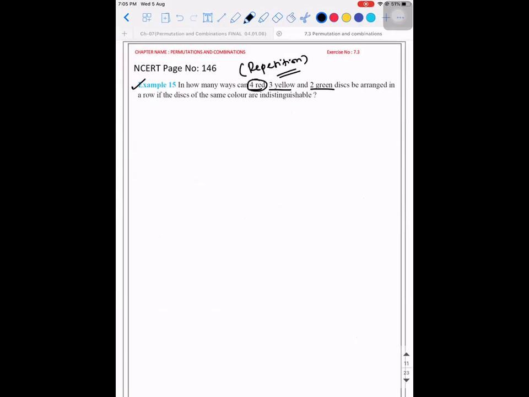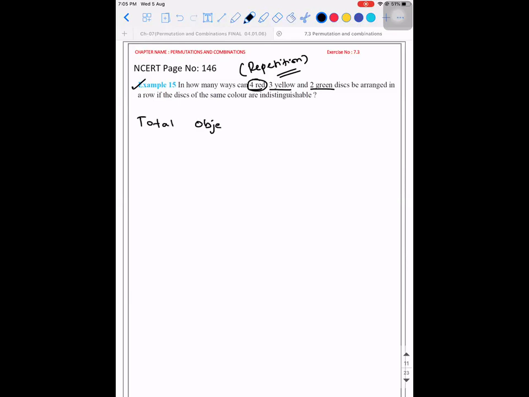Now tell me this. In how many ways can 4 red, 3 yellow and 2 green discs be arranged in a row if the discs of the same color are indistinguishable? Means you cannot say red 1 and red 2. Every disc is the same, R and R. It's like repetition. You tell me how many objects are there in your hand. 4 plus 3 plus 2.